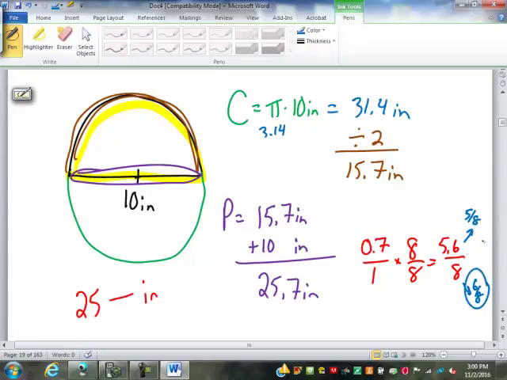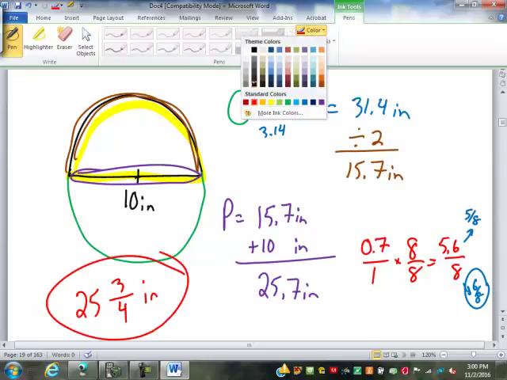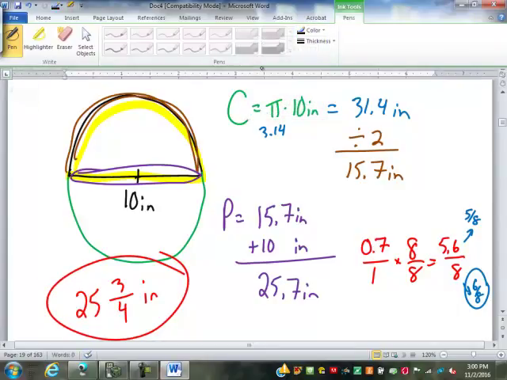It's 5.6, so it's more than halfway. So 6/8 I can still reduce to 3/4. So yes, even though I did ask for it to the nearest eighth, I can still reduce that to fourths. Any questions?